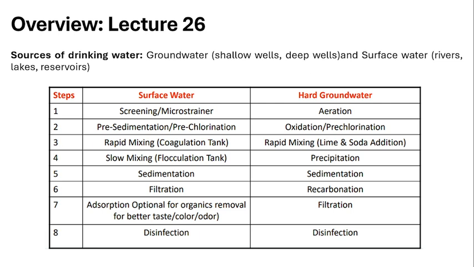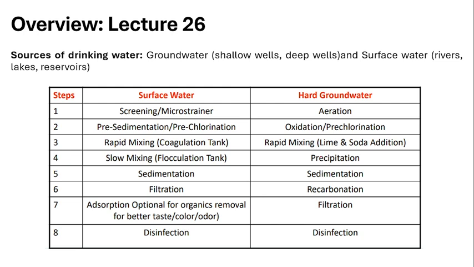In the case of hard groundwater, the first step is aeration. We provide more air into the groundwater to oxidize it. We can either do oxidation or a pre-chlorination step as in surface water. The next one is rapid mixing. Instead of using coagulants, we use lime and soda for this rapid mixing.